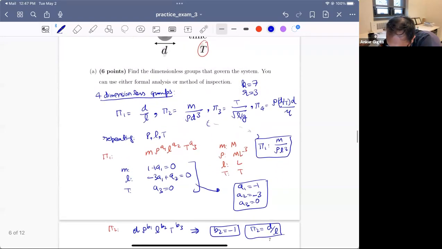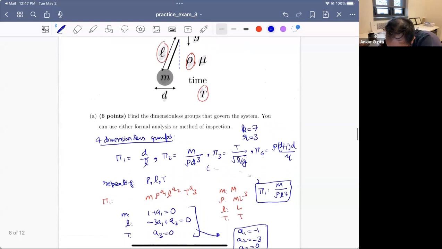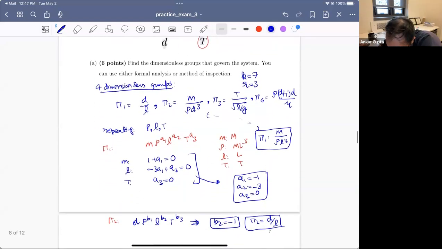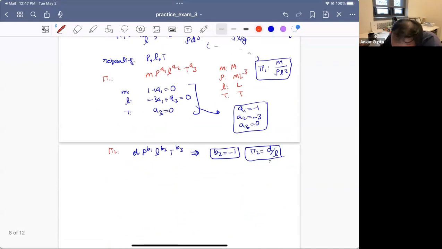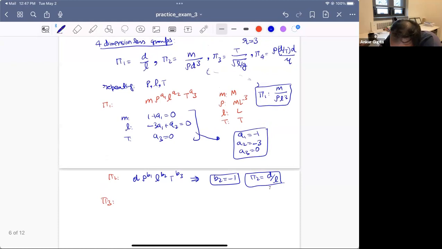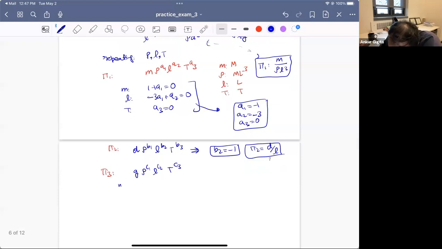Then the third one, we have still not done. So we've done mass and d. We're left with gravity and viscosity. Okay, so let's do the third being gravity. So gravity is g, rho C1, L C2, T C3. For mass, we only have mass in density in this case.